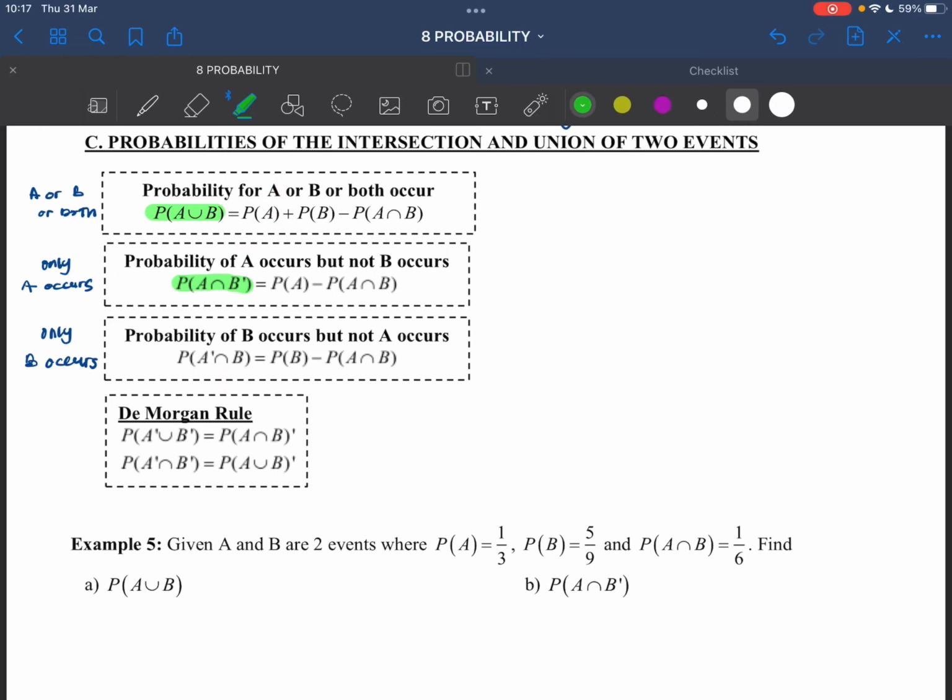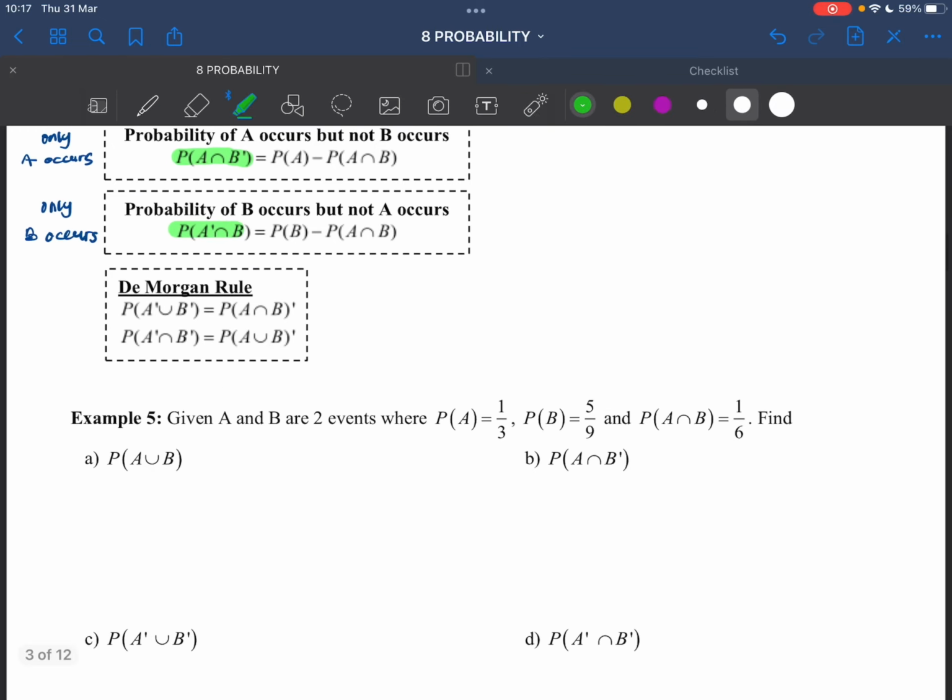Okay, the next one, you are going to learn about De Morgan's rule. What is De Morgan's rule? P(A prime union B prime) equals P(A intersect B) prime, and the other way around: P(A prime intersect B prime) equals P(A union B) prime.